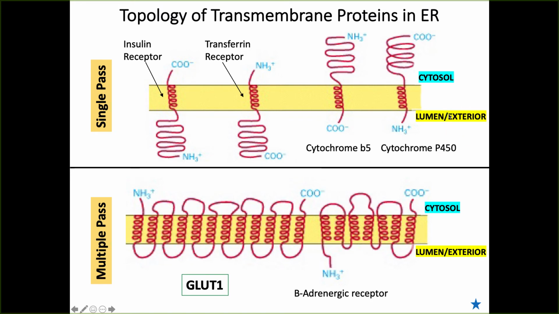Because think about your structure budding out, and then it will come out like this and fuse like this. So the luminal part will be inserted towards the membrane. That is the most important concept: the part that is inside the lumen is going to be the exterior or the exoplasmic face of the plasma membrane.